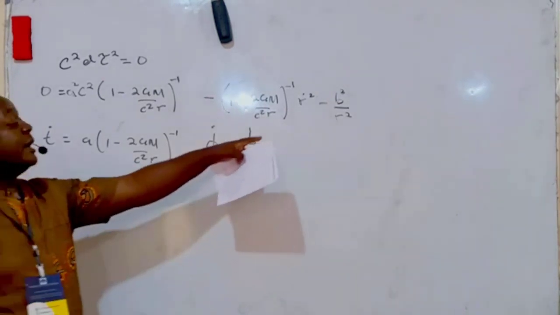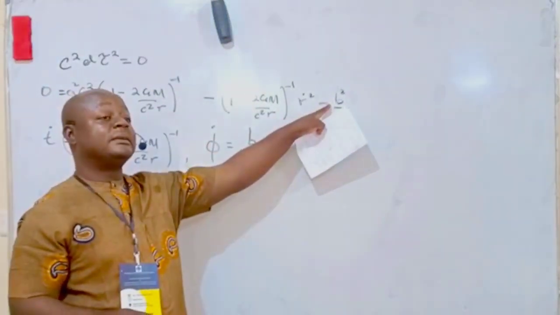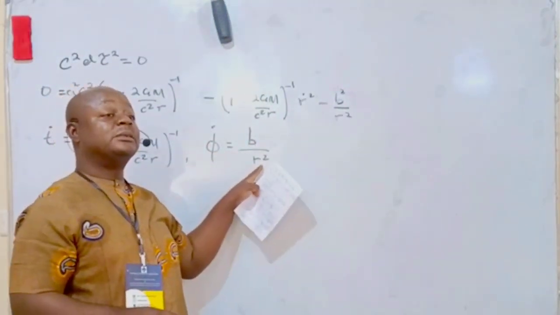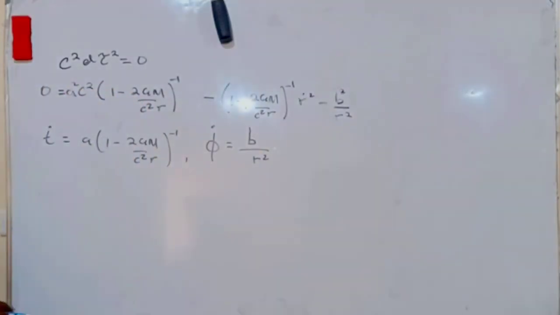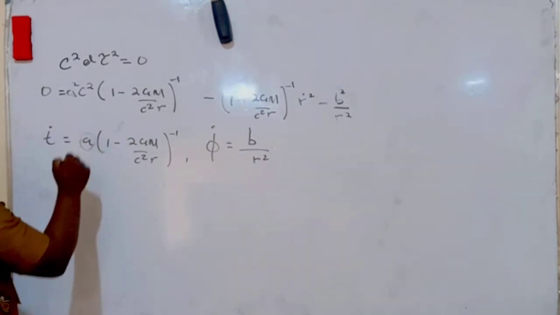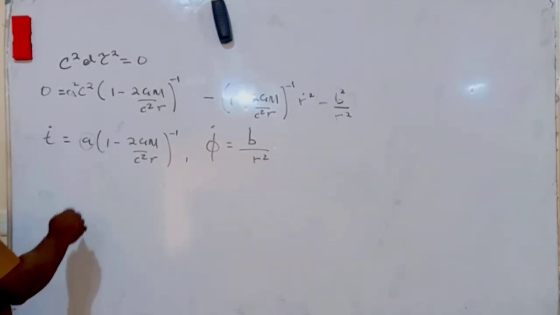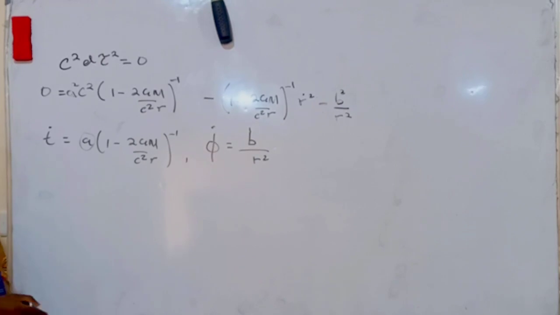There was an r squared somewhere here that reduced this to 2. Yes, we have added an a here. a is just a parameter, a constant.